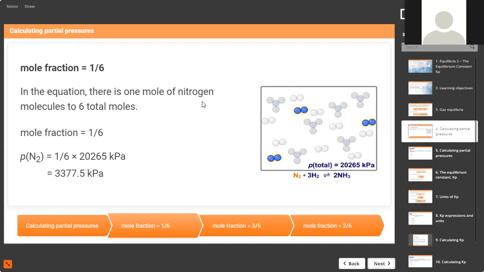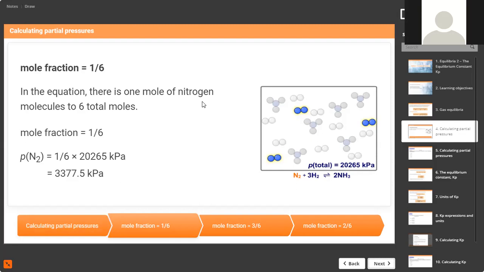So in this equation, we've got 1 mole of nitrogen. And how many moles do we have in total? Well, we've got 1 mole of nitrogen, 3 moles of hydrogen, and 2 moles of NH3. So we've got 6 moles in total. So mole fraction would be 1 divided by 6. That is our mole fraction.